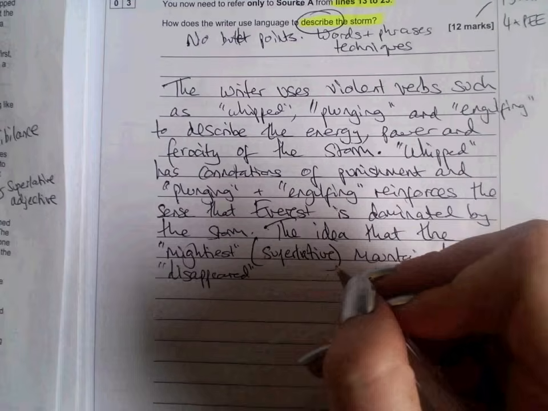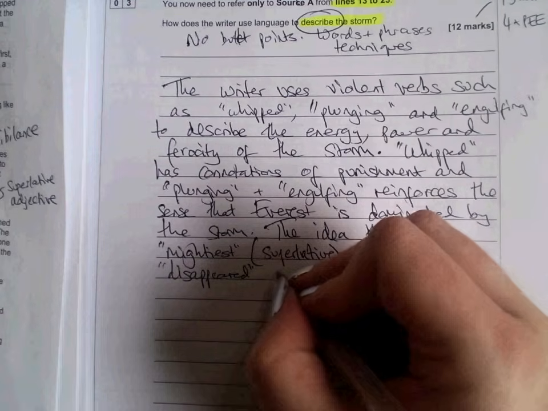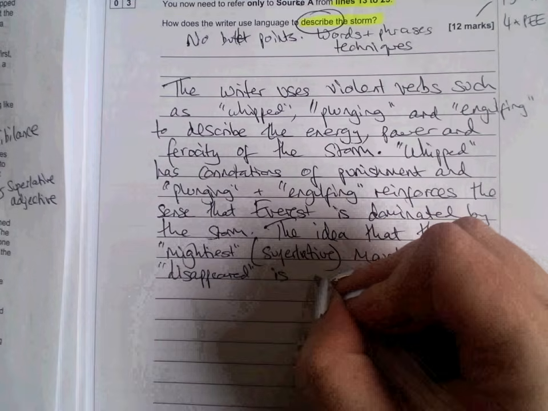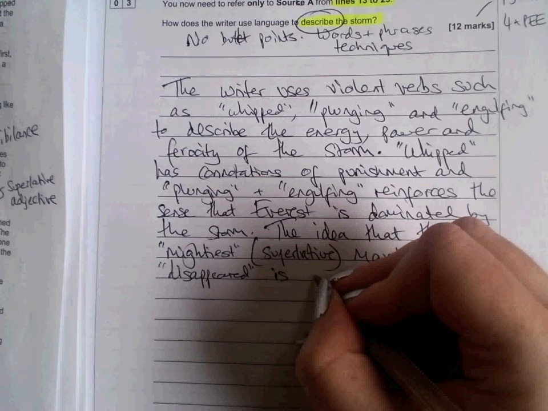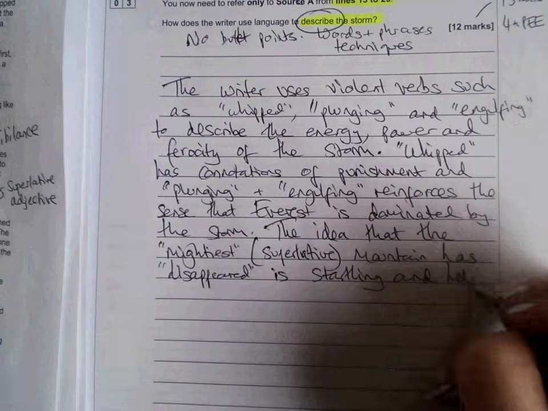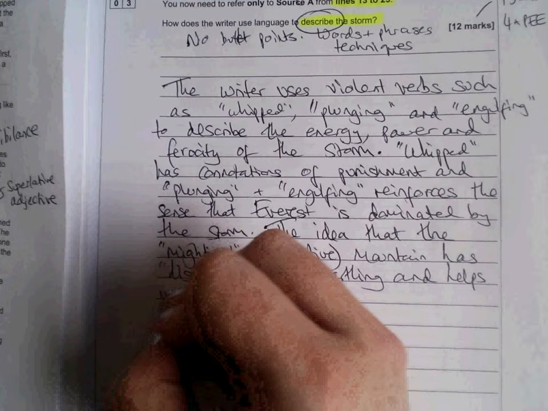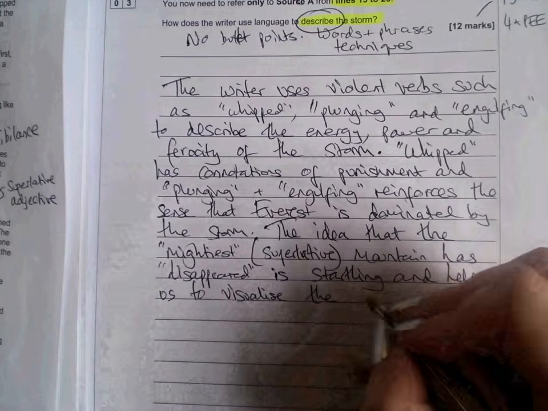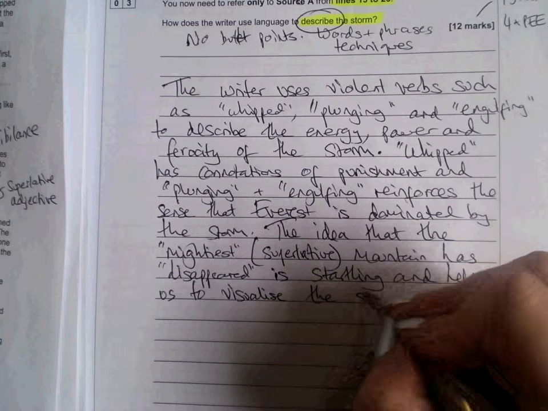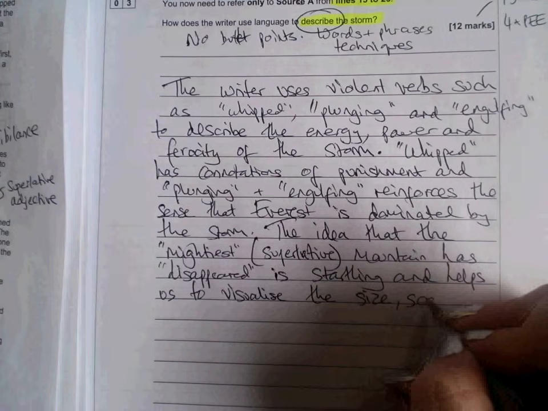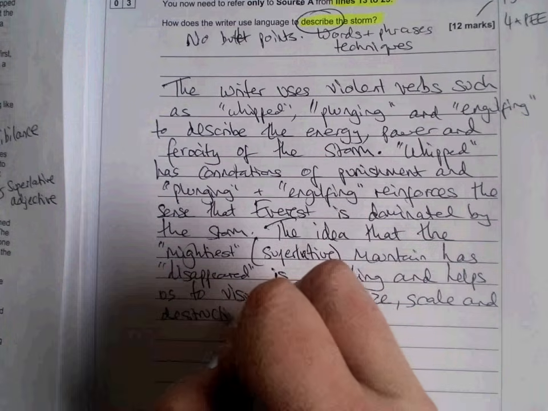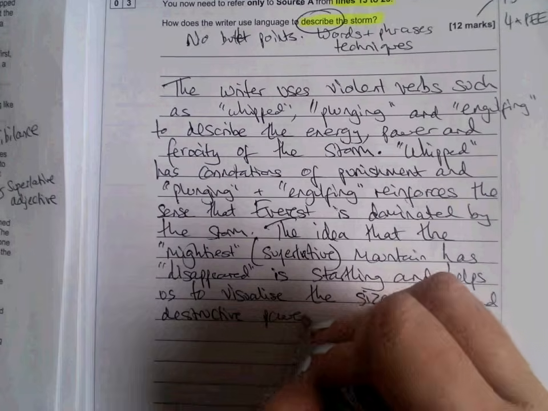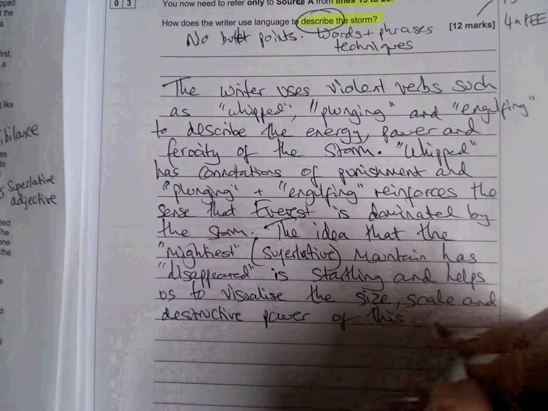Excuse me, that's the school bell going. The idea that the mightiest, which is mountain, has disappeared, what kind of effect does that create on readers? Is startling. Helps us, what does it help us to do? Helps us to visualize the size, scale, destructive power of this storm.